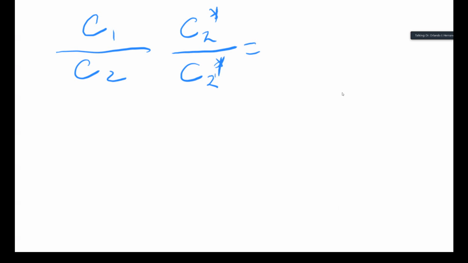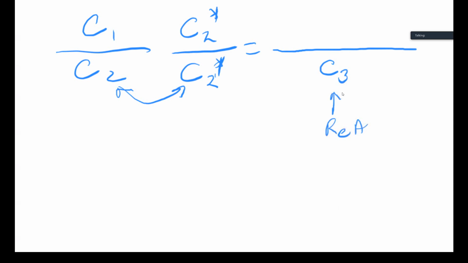But because these two are complex conjugate pairs, what you get is some type of new expression, but that denominator is real, okay? And then you get a complex expression.